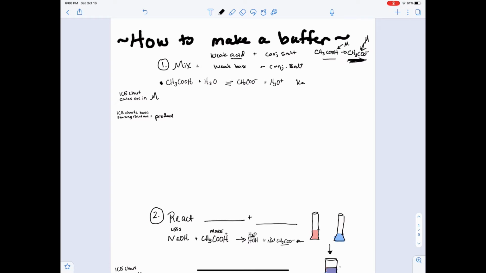So when we mix those two together, notice on the left I've got the acid and on the right I've got the salt. So you're going to have a Ka, and you're going to have a value there as an initial. Of course, you're going to lose on the left, and you're gaining on the right-hand side, and this time you'll have a value that initially starts for that CH3COO minus.